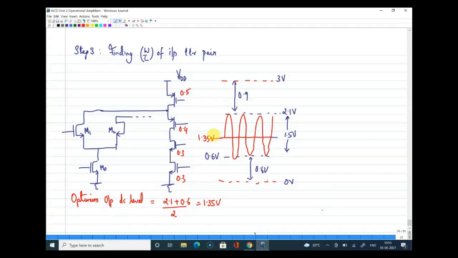All right. So now coming back to the design, or how we will continue with the design further. Since we obtained the minimum and maximum output levels as 0.6 and 2.1, and similarly the optimum output DC level as 1.35, now look at the input side part. When we design the input transistors' dimensions, like M1 and M2, we should size them in such a way that the minimum dimensions are decided by the minimum input common mode level.